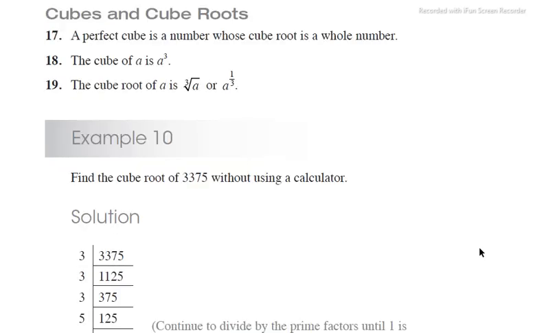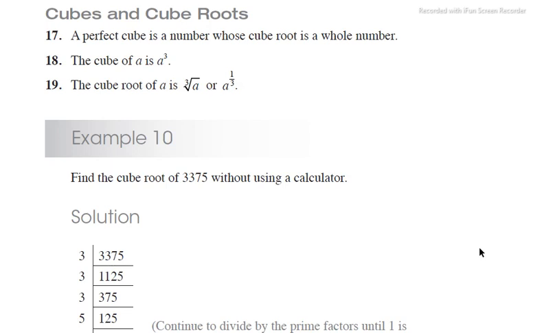Still, we shall continue. We have cubes and cube roots. A perfect cube is a number whose cube root is a whole number. For instance, the cube root of 8 is a 2. So 8 is a perfect cube.